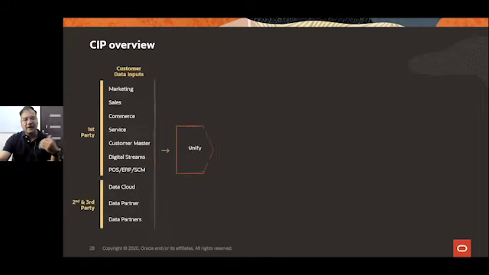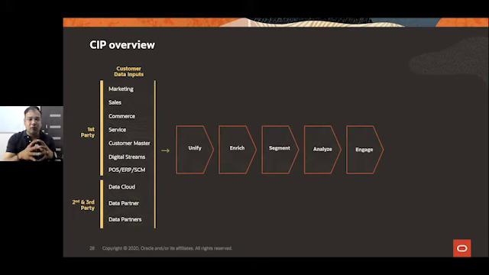We went back to our labs and designed the CIP, the Customer Intelligence Platform, and how its 5 key aspects should work in symphony, like an orchestra. First is the ability to ingest all of this data in one place, whether it's the cookie data, the visitor data, the commerce data, the service tickets, the NPS score, the point of sale, or back office data, coming from different sources.